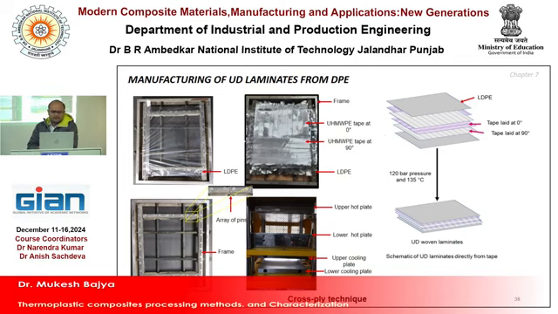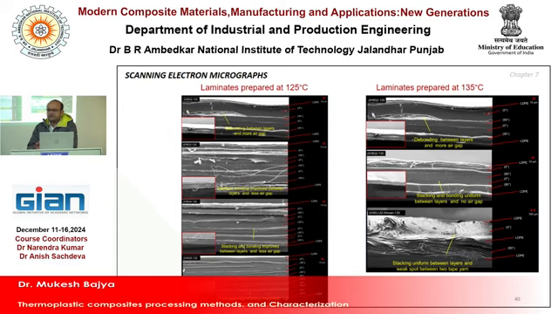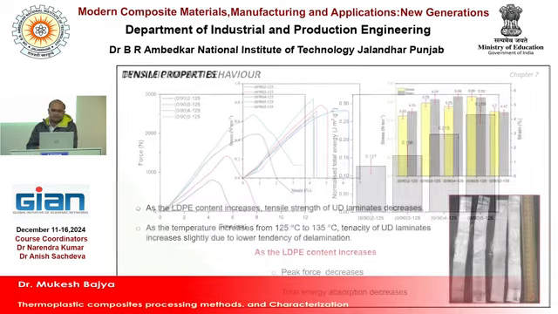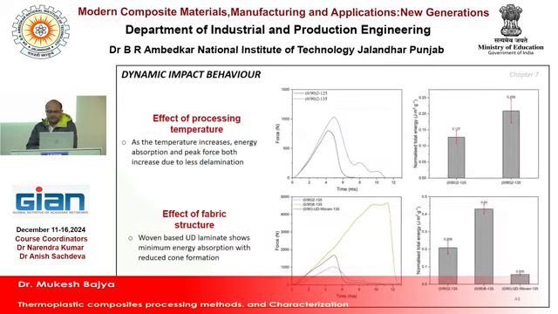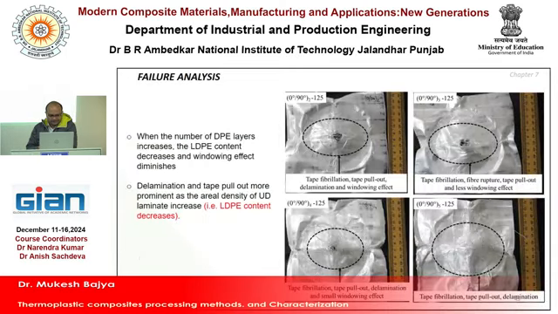This is the scanning electron microscope image showing how the delamination happens, what the process temperature and process parameters are during laminate formation. We have also conducted tensile and dynamic impact behavior studies of the materials and optimized the temperature, pressure, and the effect of the fabric structures, and finally we have prepared panels from these materials.